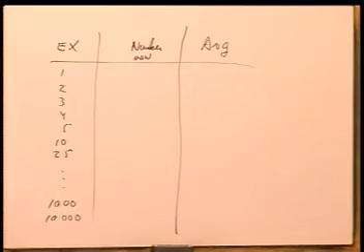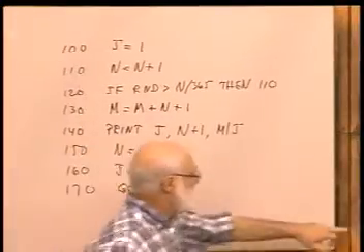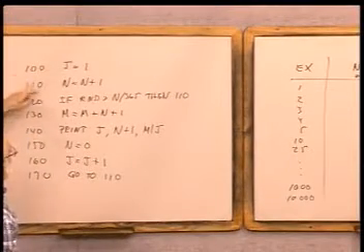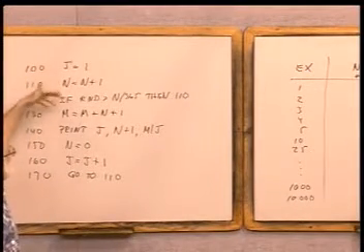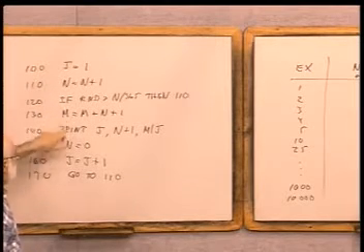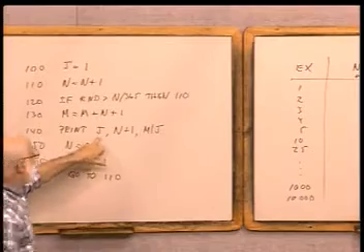Okay, so the J is going to count the experiment number. So J is going to run from 1 to 10,000. Every time I run an experiment, I'm going to increment n, the number of people questioned, and I'm going to accumulate that, and then I'm going to print the value of J.